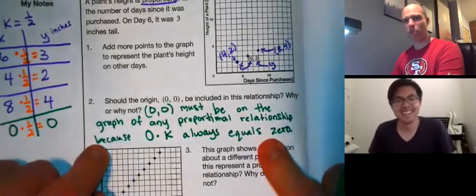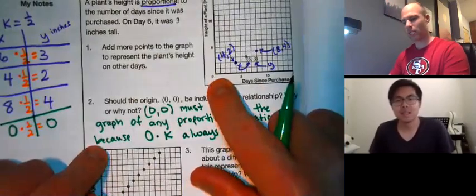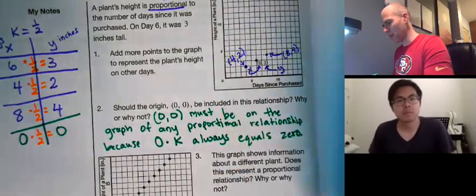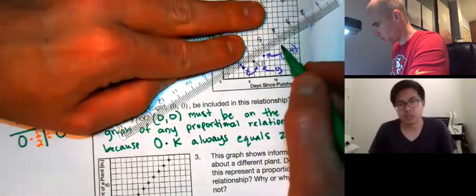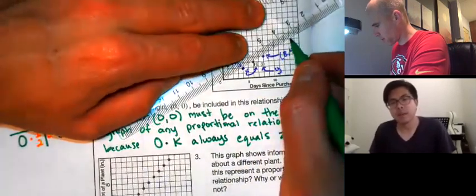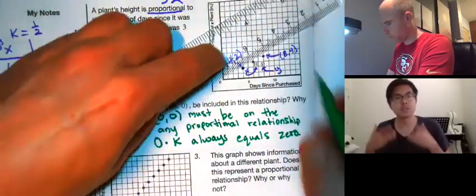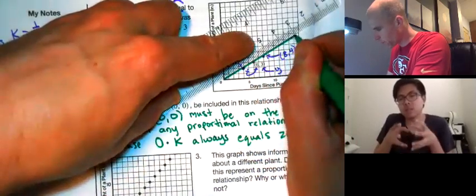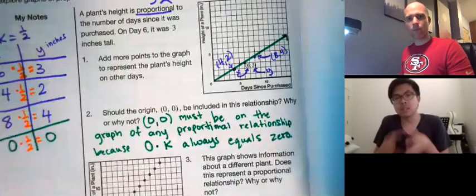So that's sort of a broad answer though, but what does 0, 0 mean for this particular graph? What is the point 0, 0 telling us about this plant and its growth? So we know x is the number of days since we purchased it, and y would be the number of inches. What this tells us in our situation is that 0 days since we purchased is the day that we actually purchased this plant.